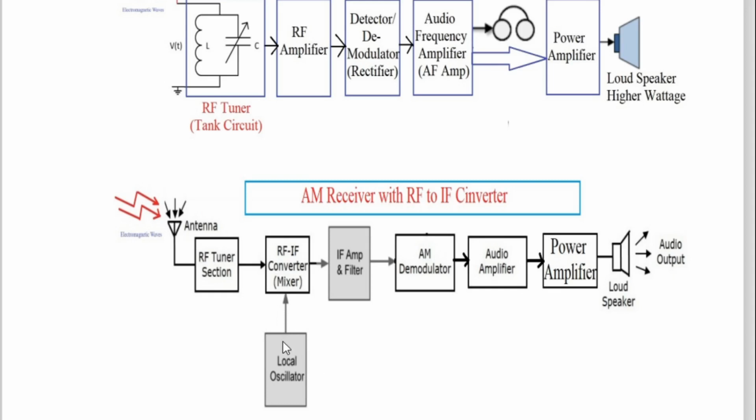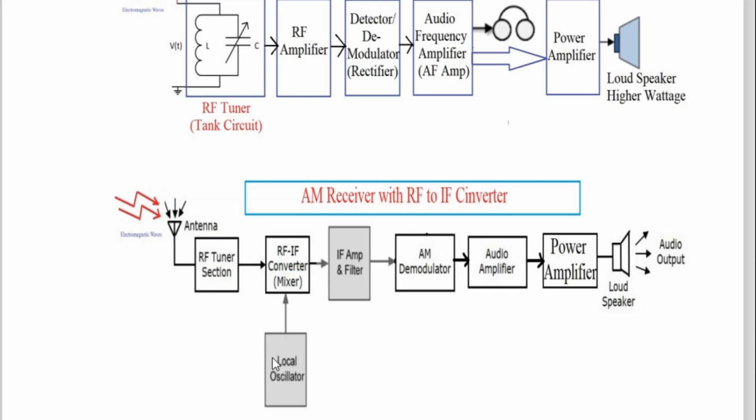You will require one local oscillator along with this RF to IF converter, because this RF to IF converter cannot do the job of converting the radio frequency into intermediate frequency without a local oscillator.